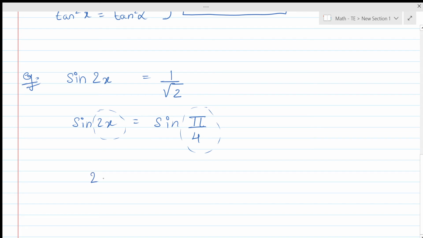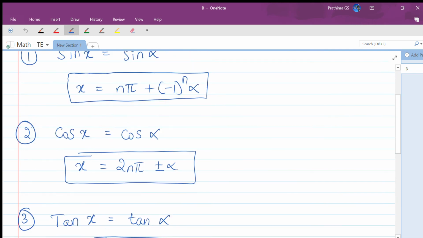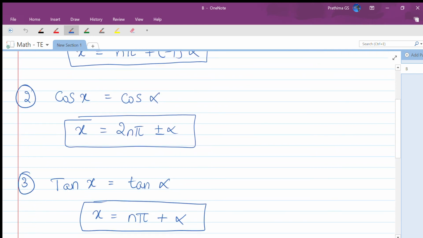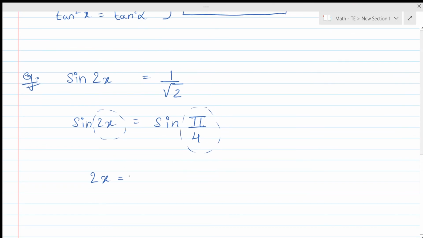So we can say 2x is equal to, let's go back and see what it was, just for our reference. It was n pi plus minus 1 to the power n alpha. So 2x is equal to n pi plus minus 1 to the power n alpha.